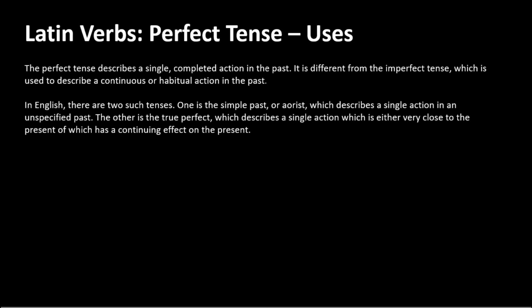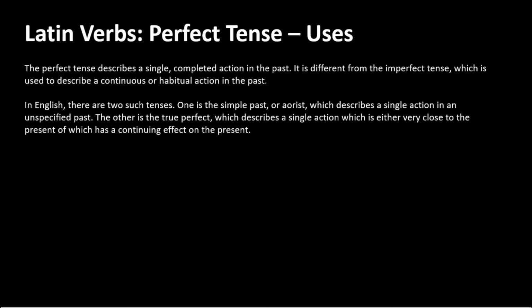Something to bear continually in mind, and indeed this is the reason for a separate lesson on the uses of the perfect tense, is that what in Latin is called the perfect tense is actually two separate tenses. English, Greek, and a number of other Indo-European languages have what is called a simple past, or an aorist tense, and this describes a single action in an unspecified past.